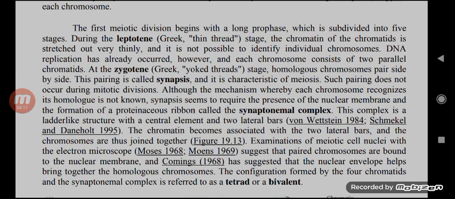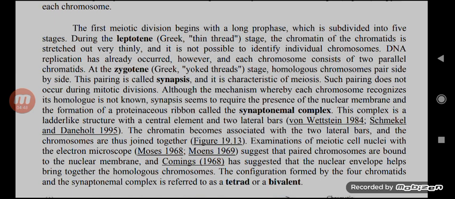Examinations of meiotic cell nuclei with the electron microscope (Moses 1968, Moens 1969) suggest that paired chromosomes are bound to the nuclear membrane, and Comings 1968 had suggested that the nuclear membrane helps bring together the homologous chromosomes.